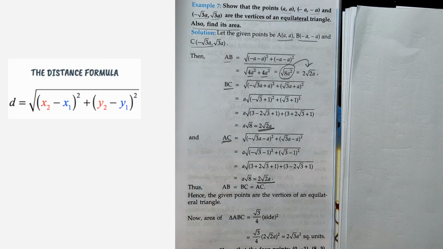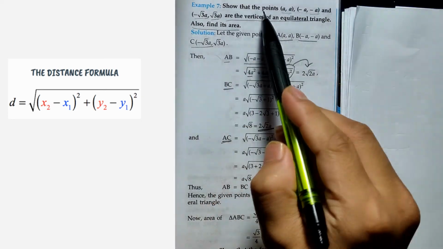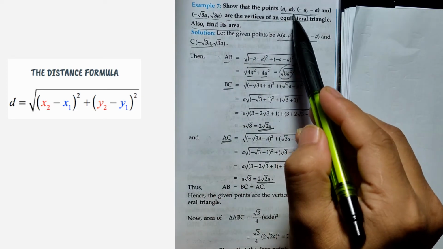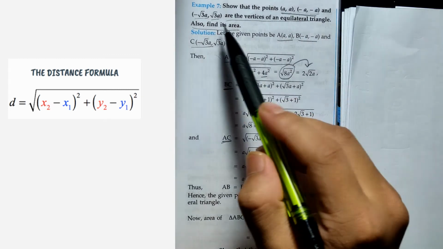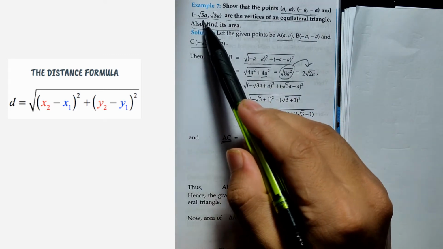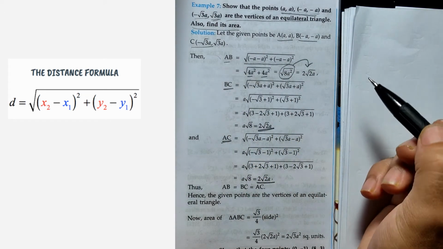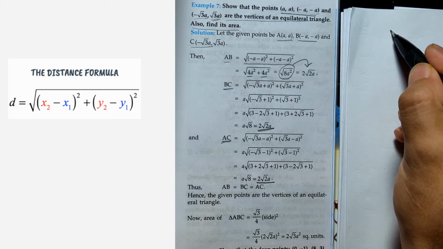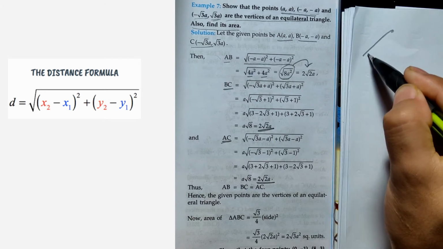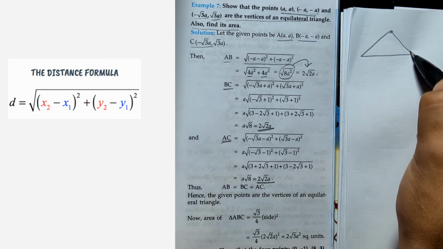Let us look at one more interesting question. Show that the points A, minus A, comma, minus A, and minus root 3A are the vertices of an equilateral triangle. Now, we know that an equilateral triangle has all three sides equal.